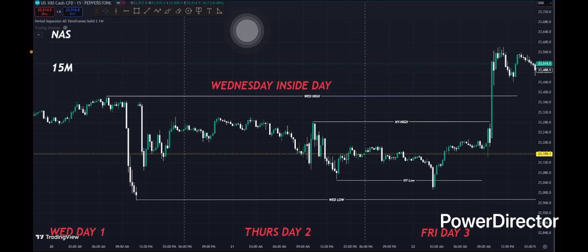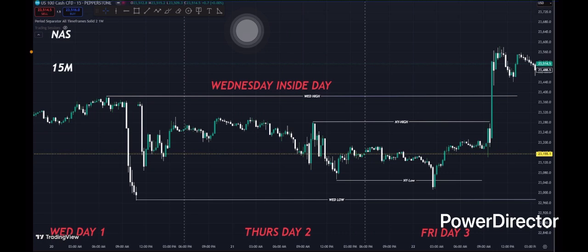I have a simple process. I'm looking for the same things. I'm marking up the same levels every time I come to my chart, right? Now, this chart on your screen, we're looking at a 15-minute chart on the NAS 100. We're looking at the backside of the week: Wednesday, day 1, Thursday, day 2, and Friday, day 3, okay?